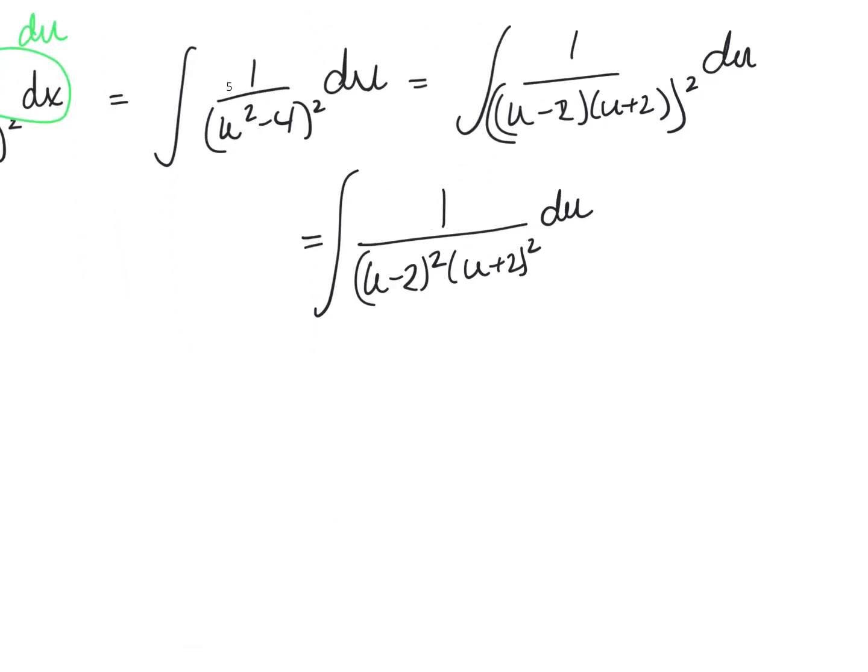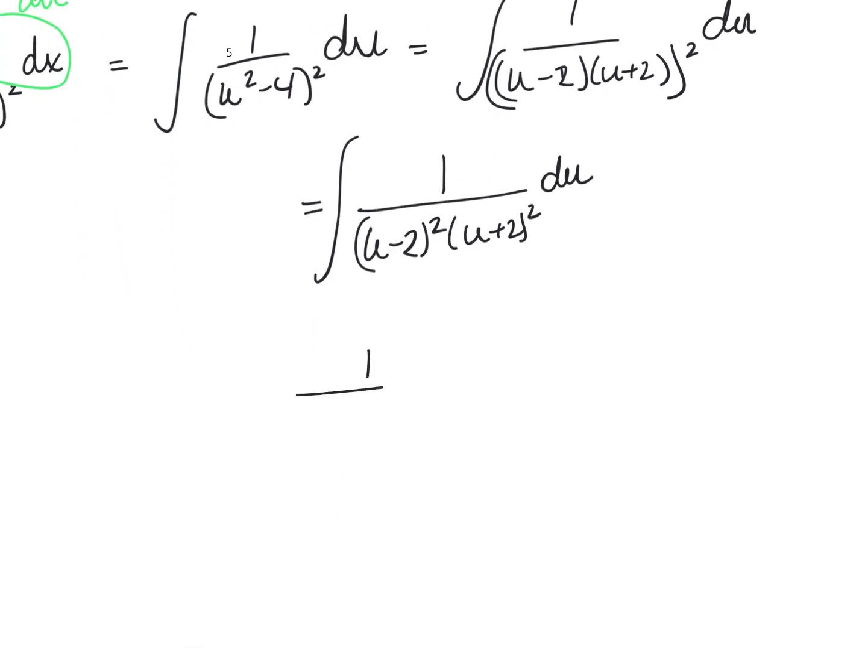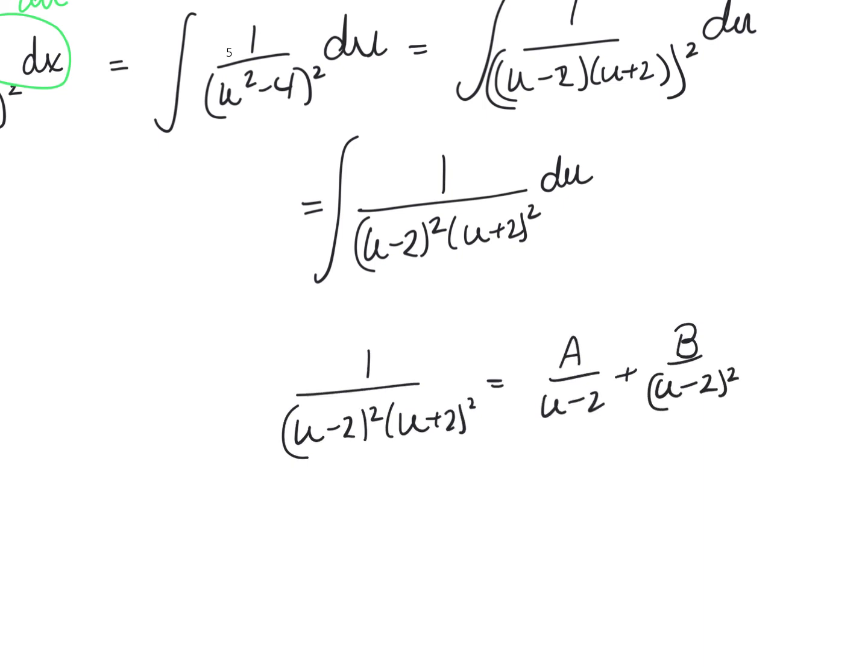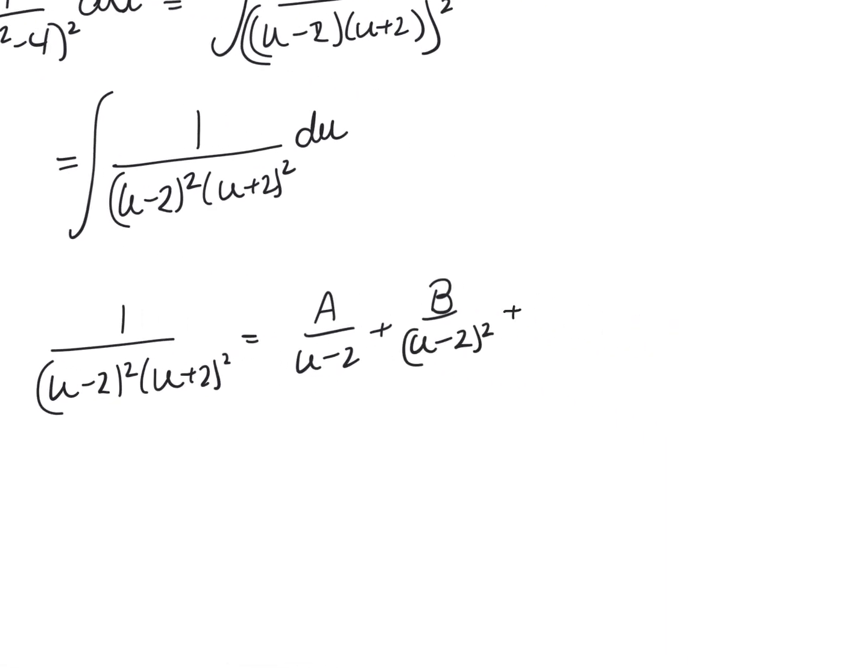Once again, I do my partial fraction, so I have 1 over u minus 2, the quantity squared, u plus 2, the quantity squared, is A over u minus 2, plus B over u minus 2, the quantity squared, plus C over u plus 2, plus D over u plus 2, the quantity squared.